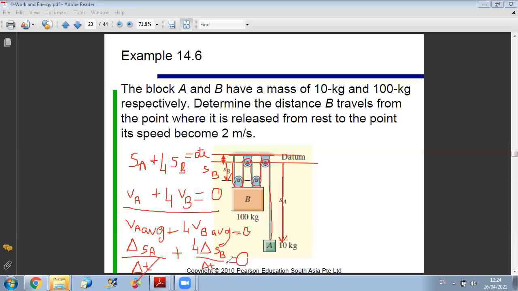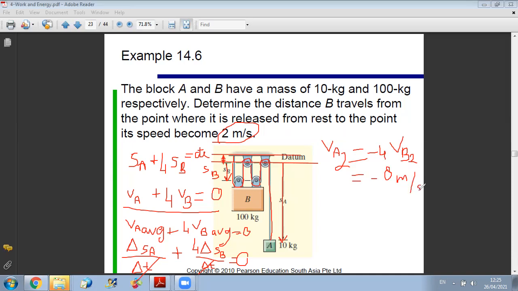So delta T goes away. Now knowing that VB final is 2 meters per second, I can write that VA at state 2 is minus 4 VB at state 2, which is equal to minus 8 meters per second.